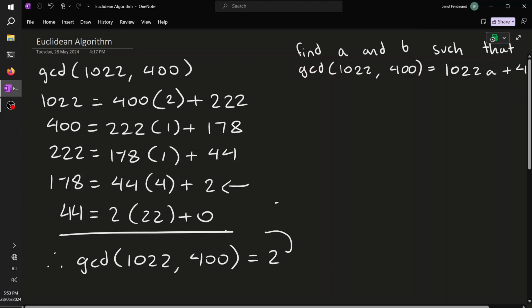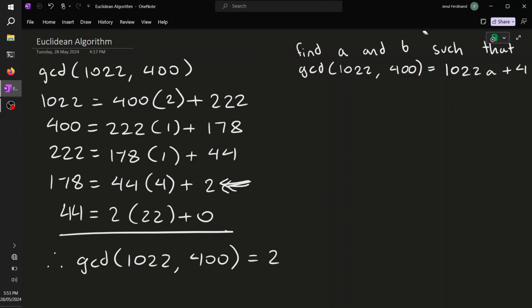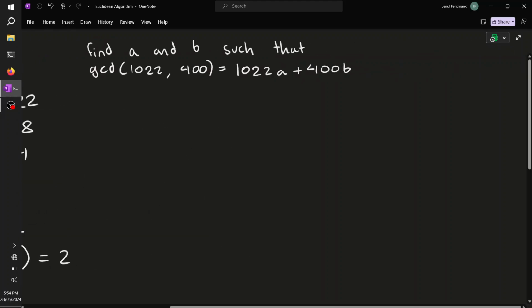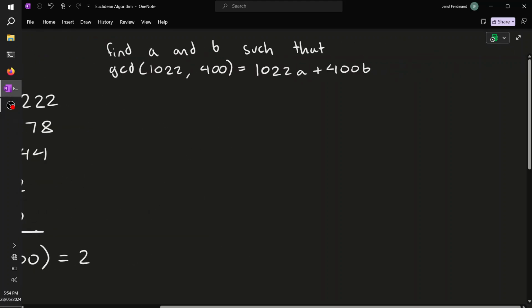We can look at the line where the 2 is. So this line here, we can see that 178 equals 44 times 4 plus 2. We can actually rearrange this so that 2 is on the left hand side of the equal sign, and we can work from there. So let's do it.